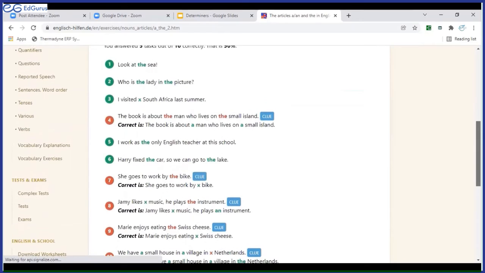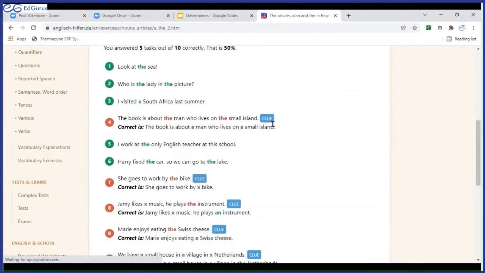The book is about the man who lives on the small island. This is what you wrote. The correct answer is: the book is about a man who lives on a small island. Here, in fact, I also doubt that the first part was correct. I don't know why they have made it incorrect. The second part, of course, is not correct. That should have been on a small island. Then here, she goes to work by bike.